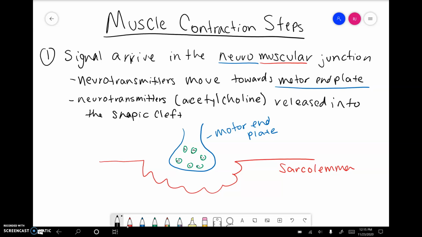And once these diffuse across the membrane, we're going to see that our neurotransmitters are going to be all around here. And we're going to see little receptors that are going to accept those neurotransmitters.